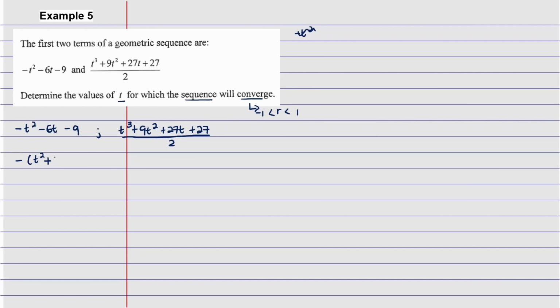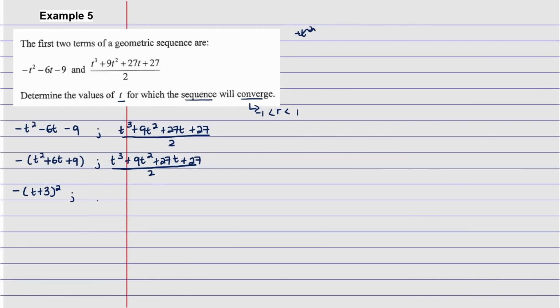Then this is t cubed plus 9t squared plus 27t plus 27, and this whole thing is divided by 2. When you factorize, this is t plus 3, all squared. And this one now we need to deal with.